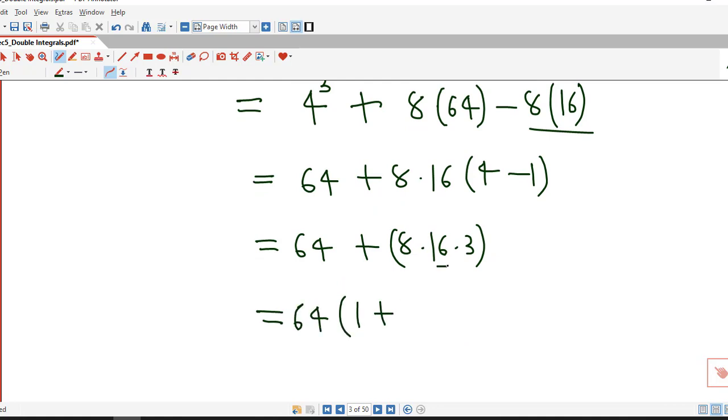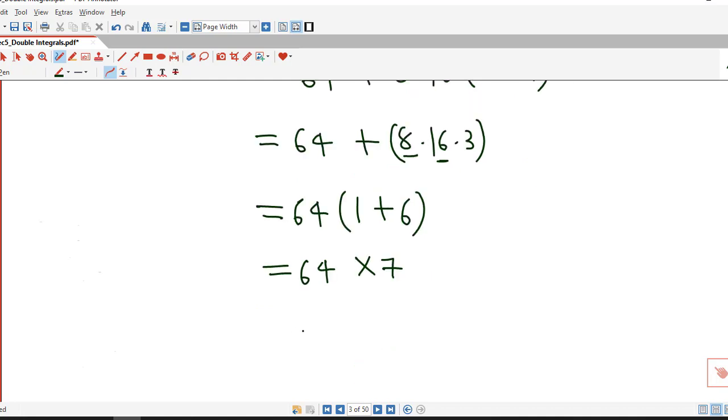So here 16 into 4, and we will be left with 6. So we have 64 into 7, and 64 into 7 is nothing but 7 into 4, 28 raised to 2, and 42 plus 2, that is 448. Therefore we obtain that the double integral of x squared over the given region R is nothing but 448.